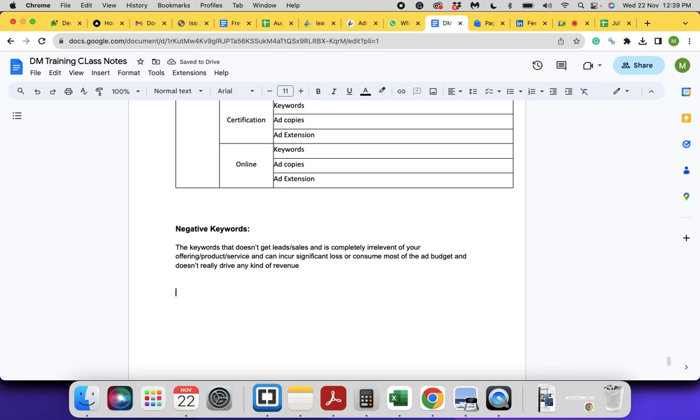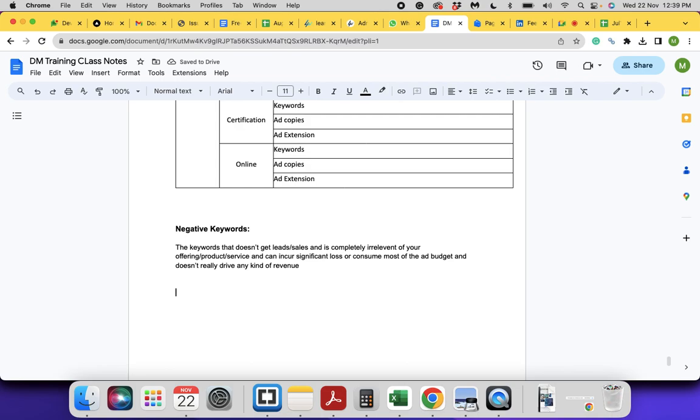Number one, if you have a thorough understanding of the product, you will be capable of understanding some of the search variations that can never convert, and straight away you can add them as negatives.